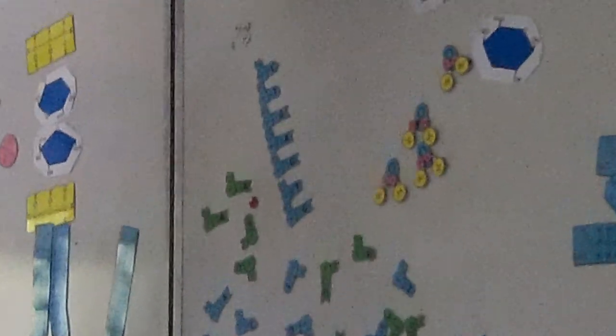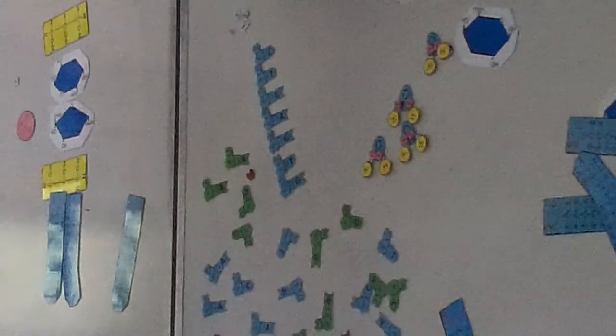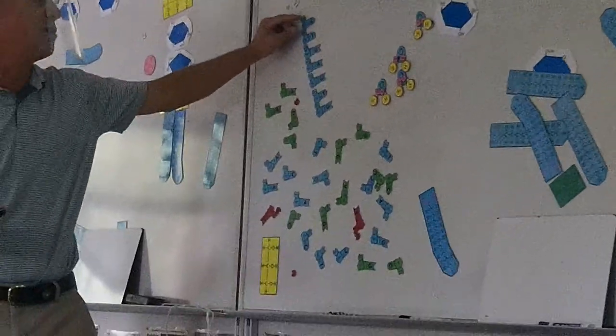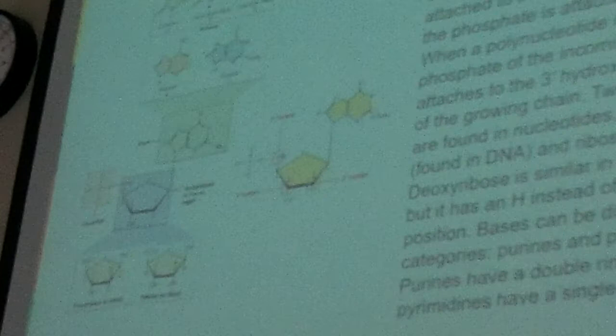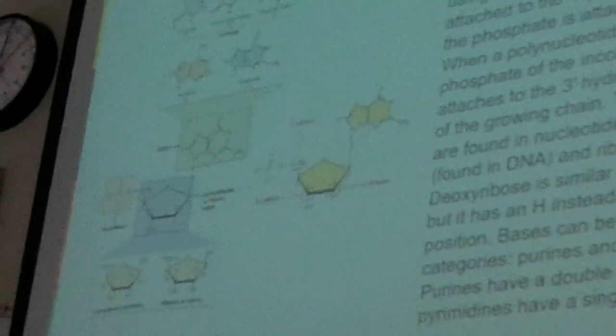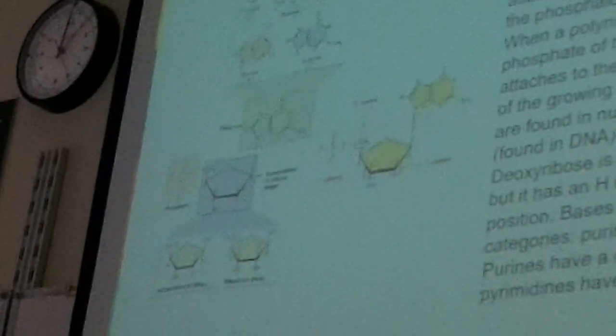And why do we call them nitrogen bases? It doesn't show it very well in your magnets, but it shows it well right here in your book. That's a double-ringed nitrogen base, so it's either G or A. And as you can see, there's nitrogens within the rings. You see those nitrogen atoms?